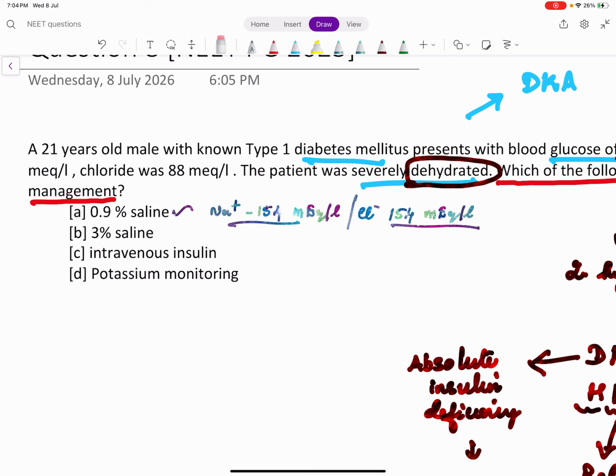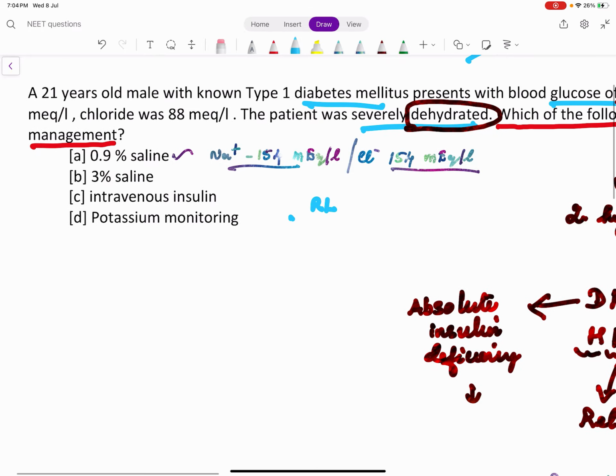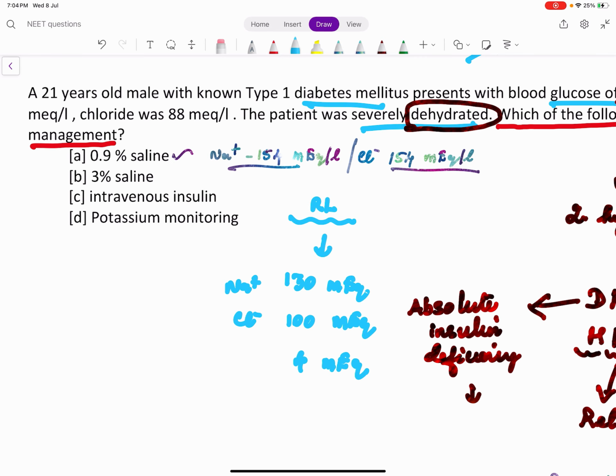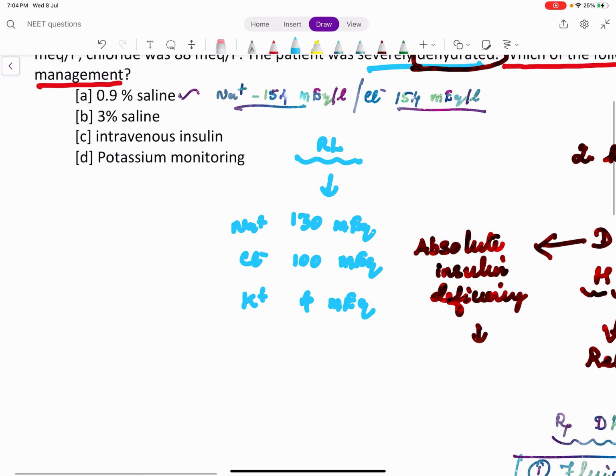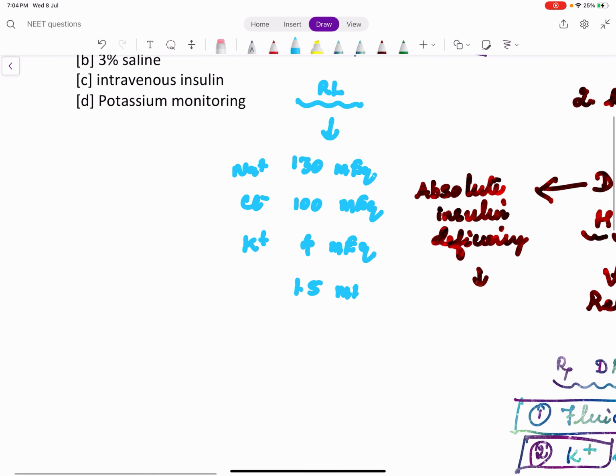Okay. So normal saline is used. Ringer's lactate can also be used. Ringer's lactate is more physiological than normal saline because it has 130 milliequivalents of sodium, I think 100 milliequivalents of chloride, 4 milliequivalents of potassium, 1.5 milliequivalents of calcium, and 28 milliequivalents of lactate.